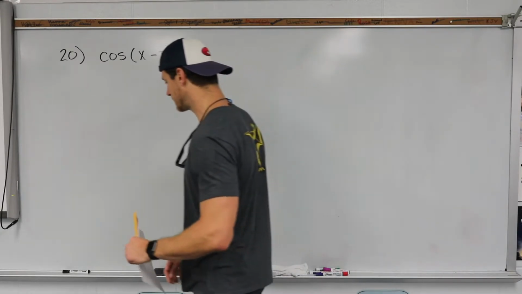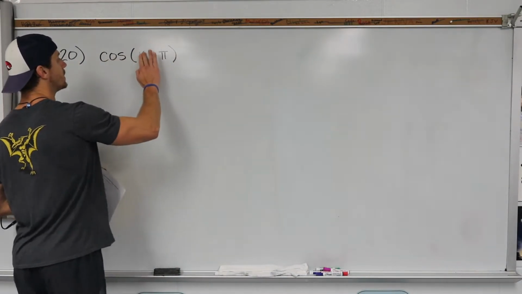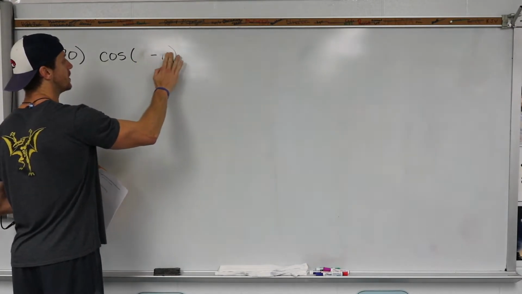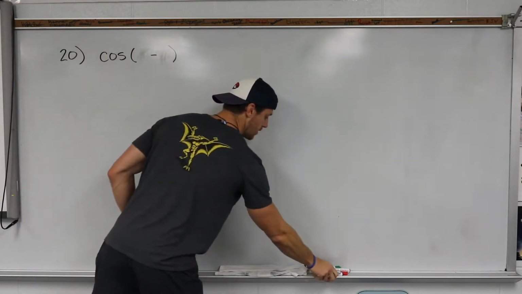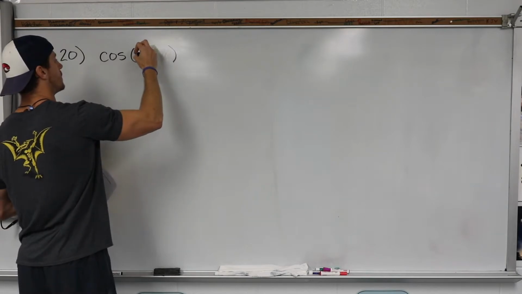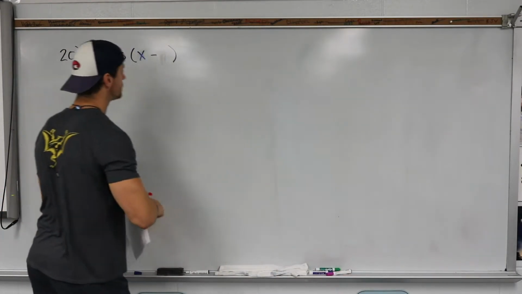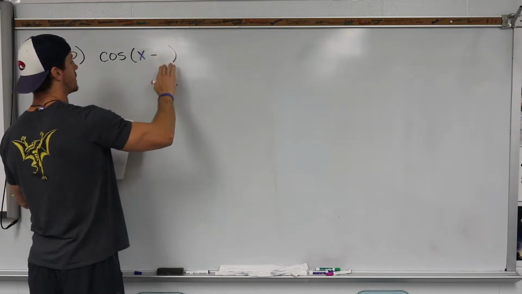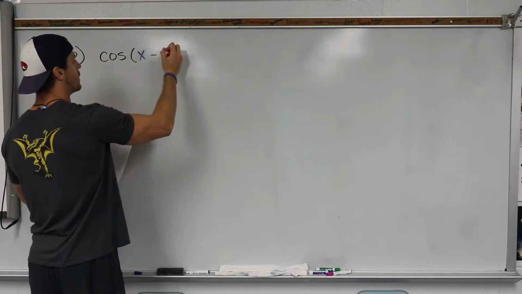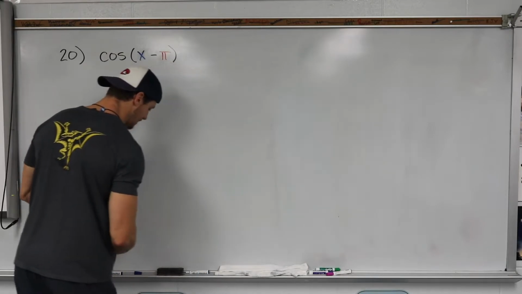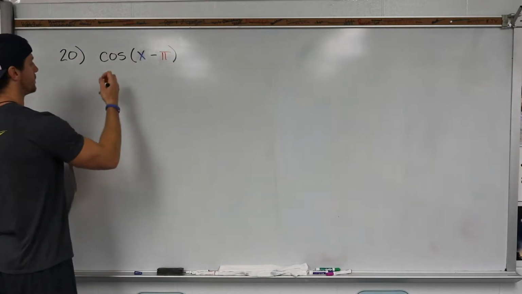Cosine. Well, to be honest, I'm going to rewrite these as x in blue and pi in red. Reason being is because I want us to look at it in this way.